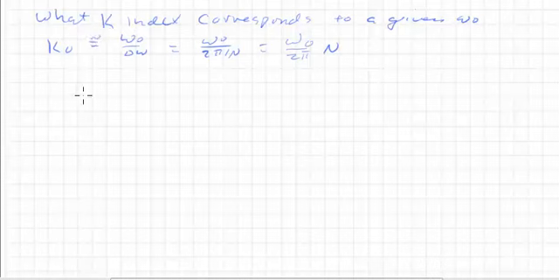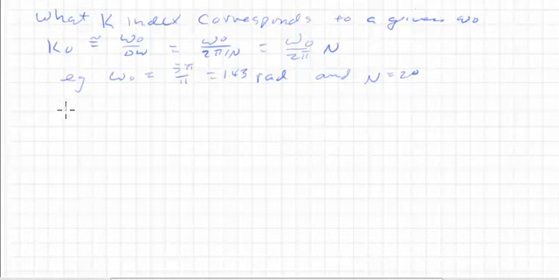Okay, so for example, I'm going to run a MATLAB demo here in a minute. Suppose omega naught was 5 pi over 11, which is 1.43 radians, and suppose N was 20.